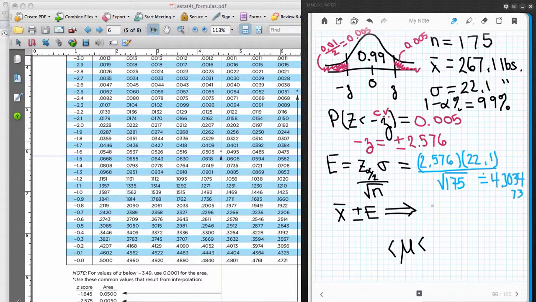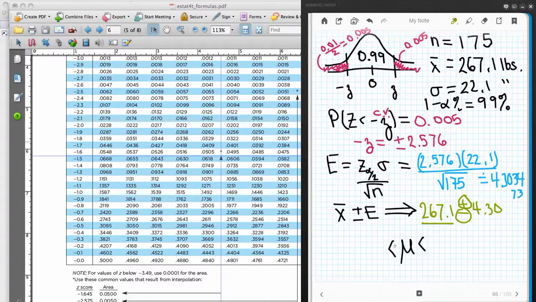And so I'm going to have my axial load here, I'm going to change colors again so we can see it more easily, is x bar, which is 267.1, and then plus or minus, and I'm going to go to the tenths place since this is in tenths, so this is 4.3. And what I do is I take this number and add it, and then I take that number and subtract it.